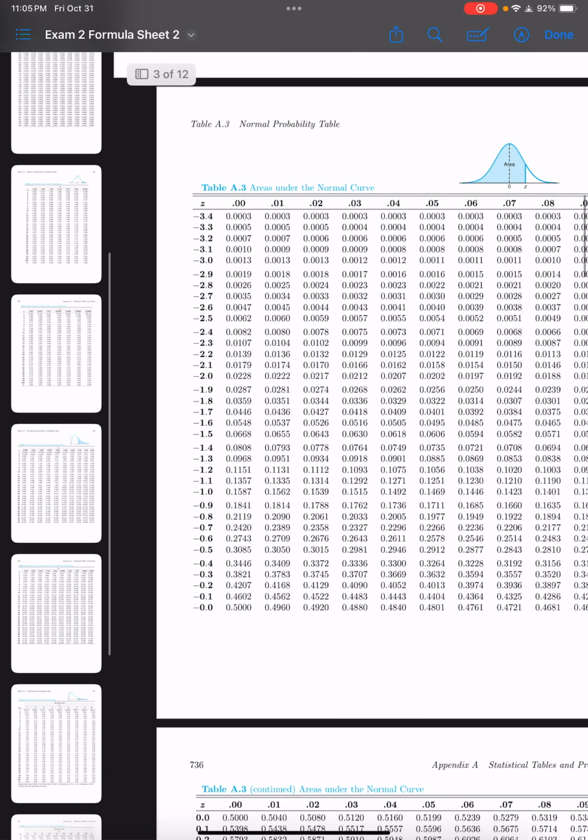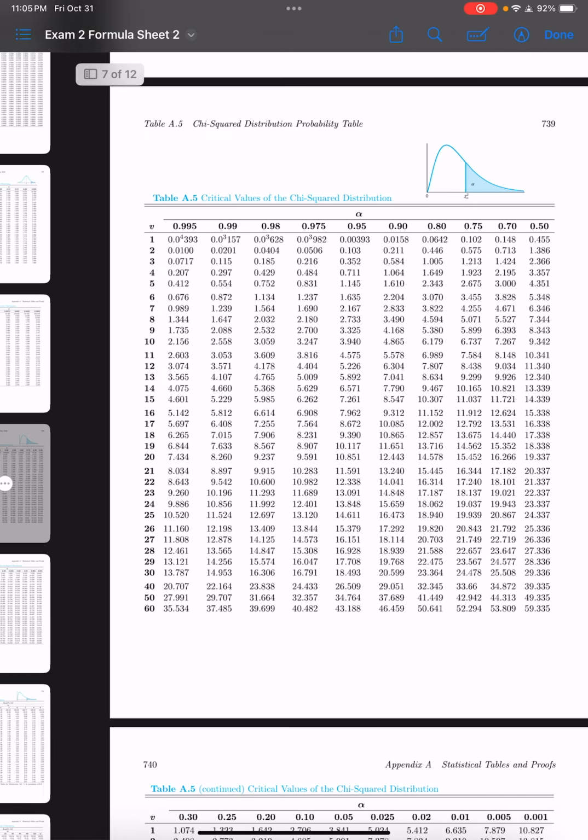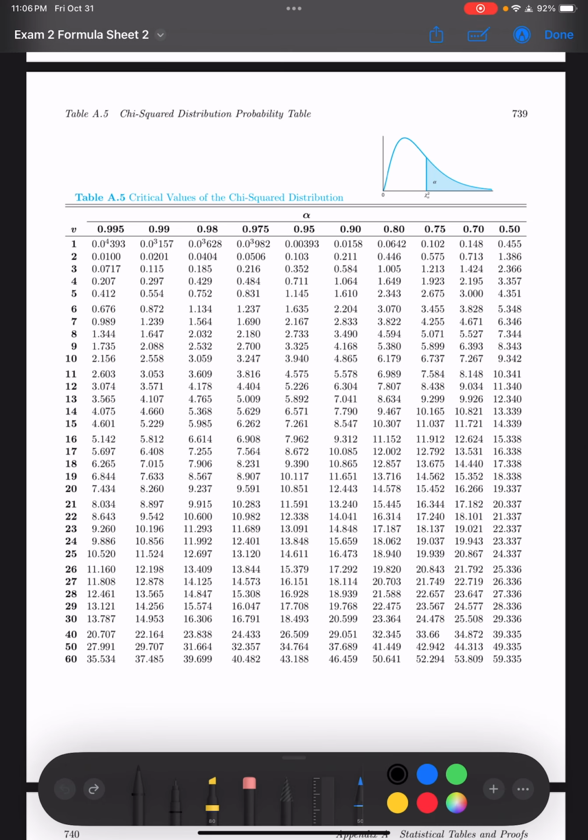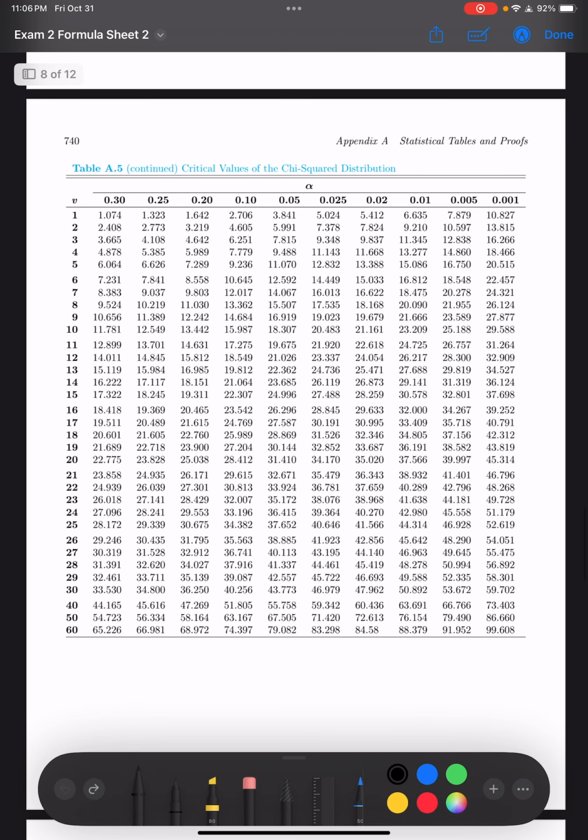So if we go all the way to our chi-square distribution, and we can see our alpha values on the top. And so for our first one, we want to look for 0.025, so that's over here. And then we have our 24 degrees of freedom. And if we look, we have our value right over here.